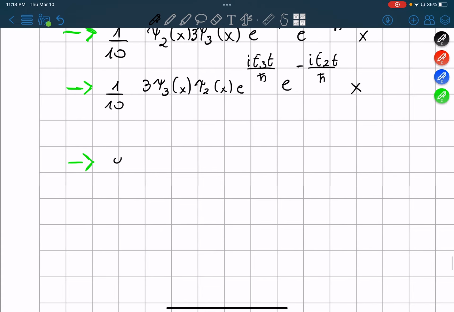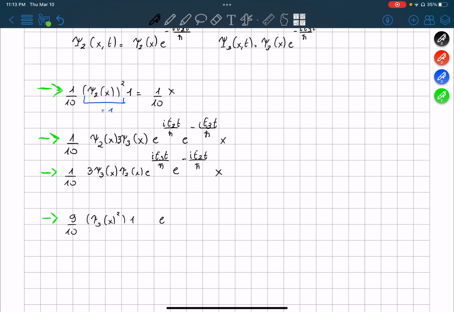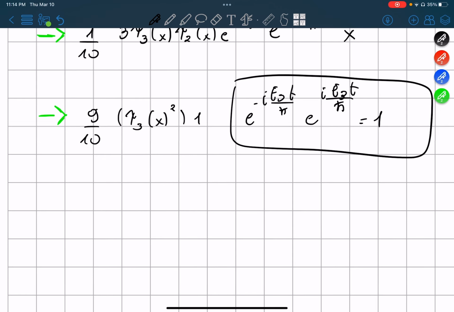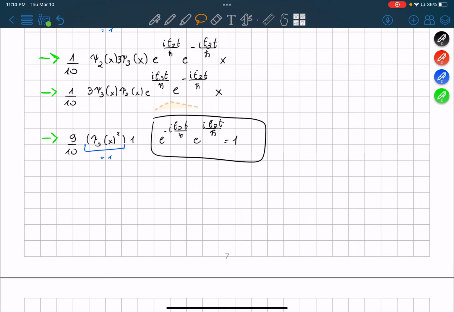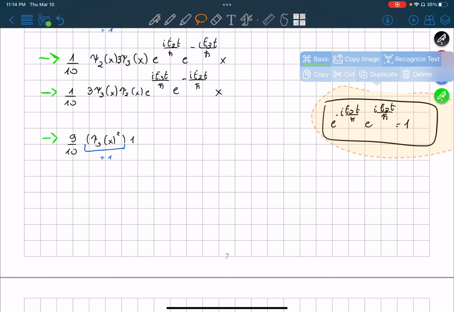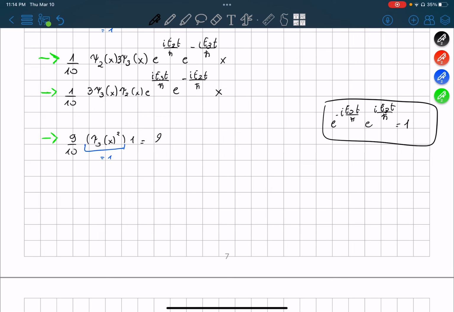So 9 over 10 psi 3 in terms of x squared, and then I'm going to have the 1 after, because we would have e to the power of negative i E3 t over h bar times e to the power of i E3 t over h bar, and this cancels out to become 1. Okay, and we know that this part over here is equal to 1, so my final solution, let me take this over here and bring it farther so you can see it, is going to be 9 over 10.